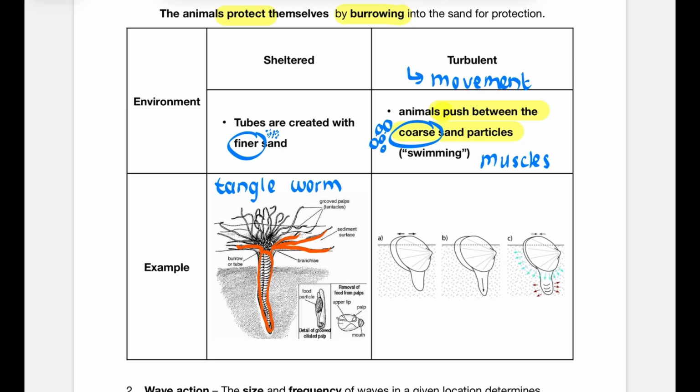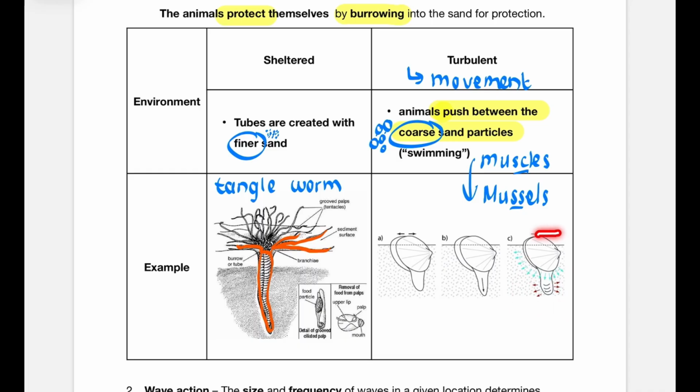An example of an animal that actually has muscles would be the white mussel. Please note the difference in the spelling there. As you can see here in step A, they open up their shell, and they drop their foot outside of their shell into the sand, which you can see here at B. Then when their foot is dropped in, they push their muscles in their foot outwards to steady themselves in that position.